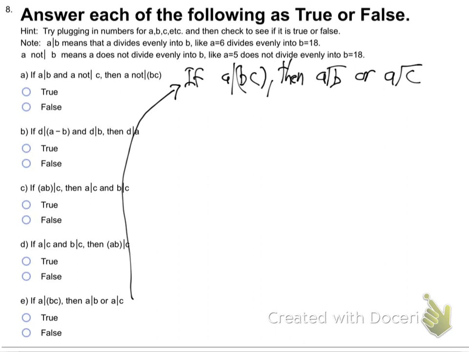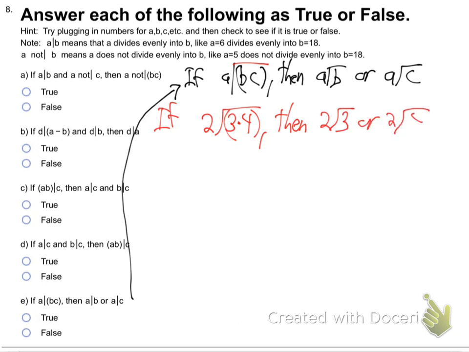If A divides into B times C, then it divides into B or C. Well, let's try out some numbers. If 2 goes into 3 times 4, that's 12. Yeah, 2 goes into 12. I met the if. Then 2 will go into the first number, or 2 will go into the second number. Now, this isn't true. 2 doesn't go into 3, but it's okay because they said or. So this part is a yes.